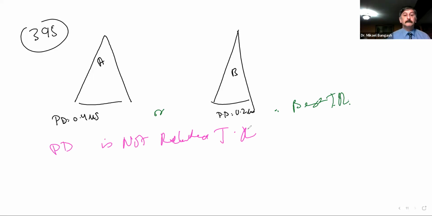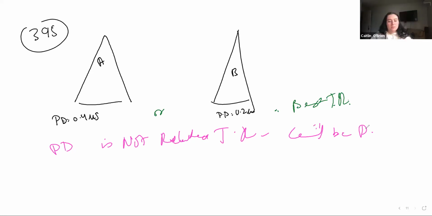Clear? So it's going to be neither, and the option given is "can't be determined." Did that make sense? Yes. Good.